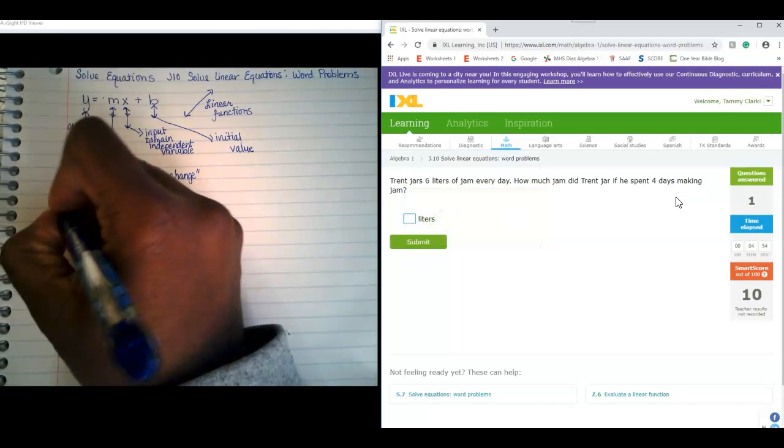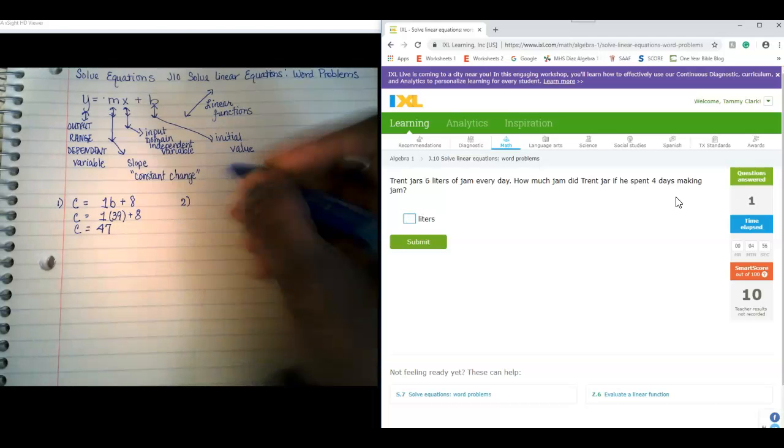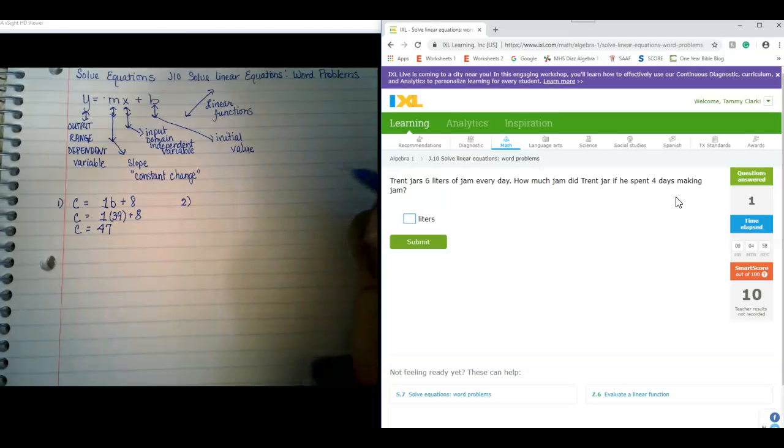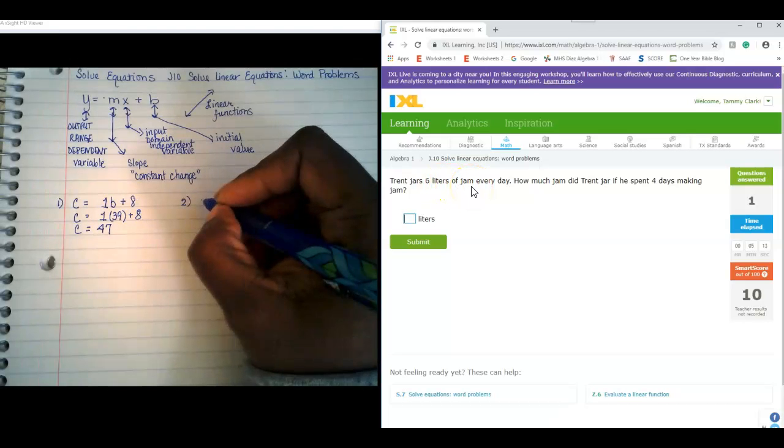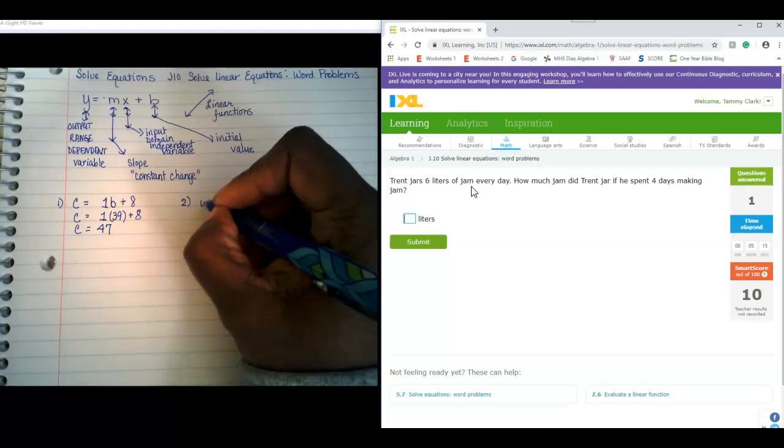Let's look at number 2. Trent jars 6 liters of jam every day. How much jam did Trent jar if he spent 4 days making jam? What we want to know is, how much did he make?